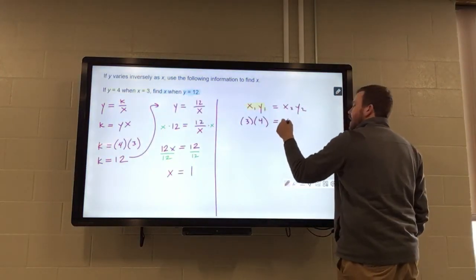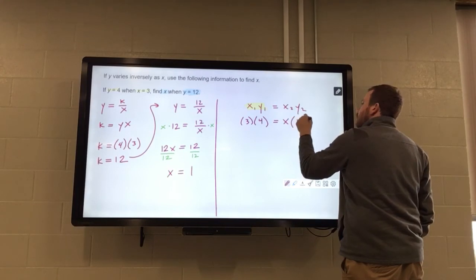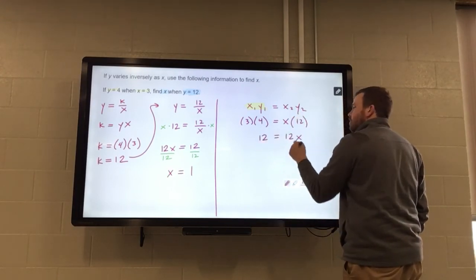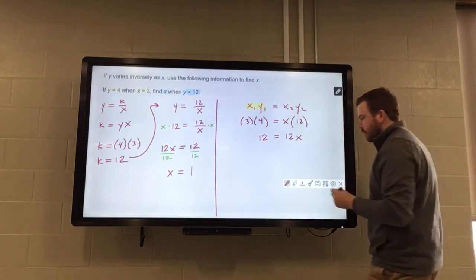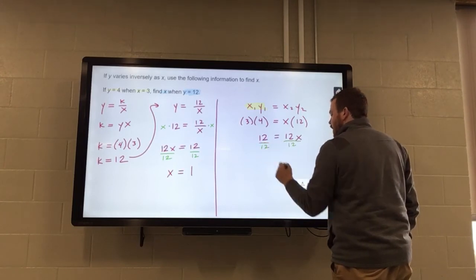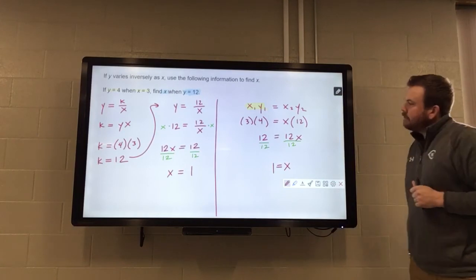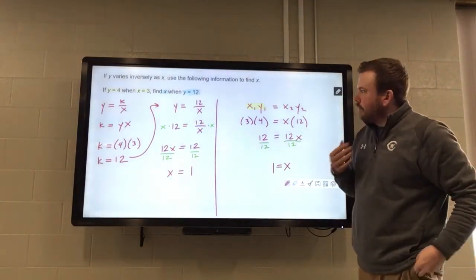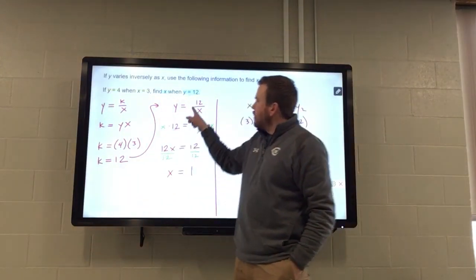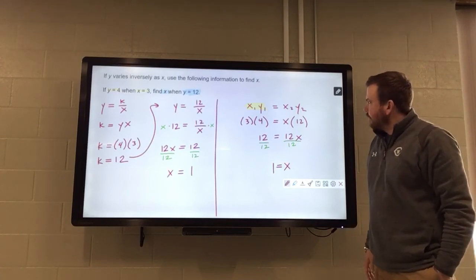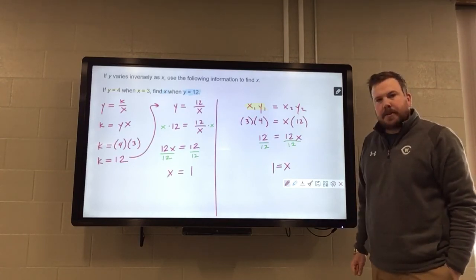So I'm going to leave that as just x, and then my y as 12. So this leaves me with 12 is equal to 12x. Now we just need to solve the equation. We solve for x by dividing both sides by 12, leaving me with x is equal to 1. So it's two different ways of finding the same thing. We can either create an equation and then use it, or plug it into this method. And that's how we find our missing variable.